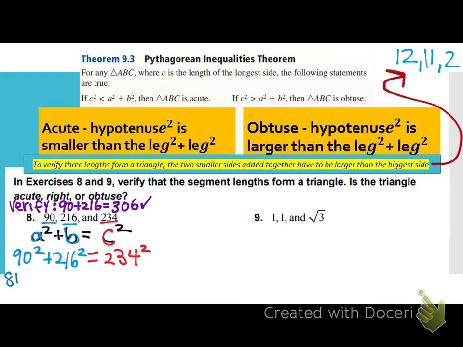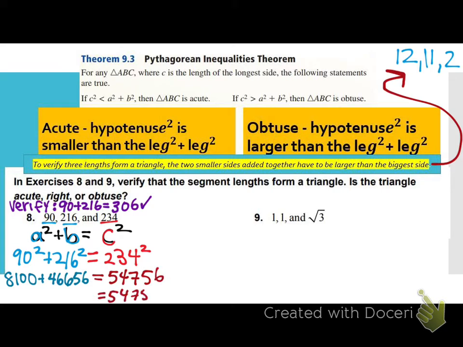90 squared is 8100. What is 216 squared? 46,656? Yes. And then 234 squared. 54,756.